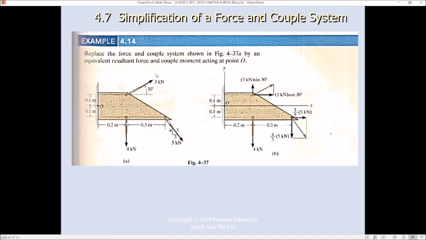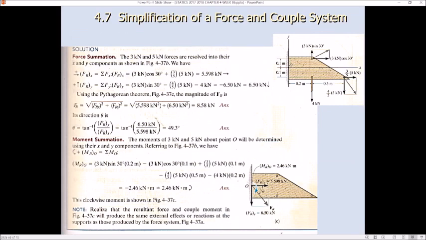three forces, which are 3 kilonewton, 5 kilonewton, and 4 kilonewton. What we need to do is first to determine the force summation. In order to solve the force summation, we need to resolve all of the forces in x and y axis.